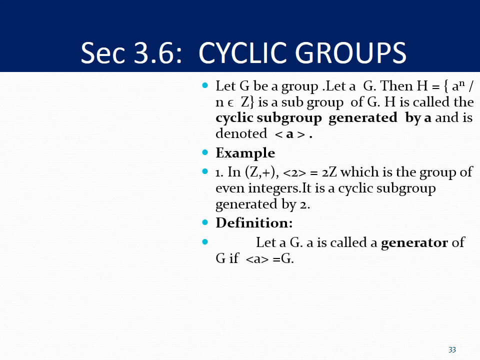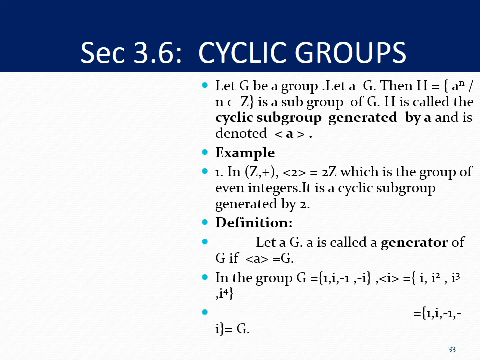Definition: a belongs to G is called a generator of G if the set generated by a equals G. So example, the group {1, i, -1, -i}. The element i is the generator of this group.